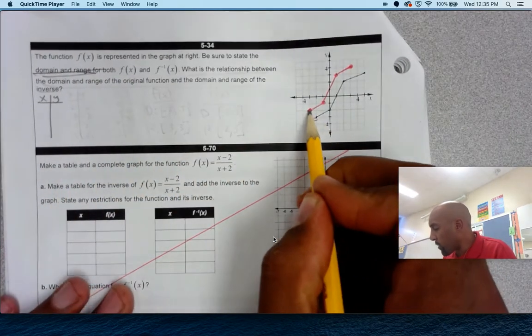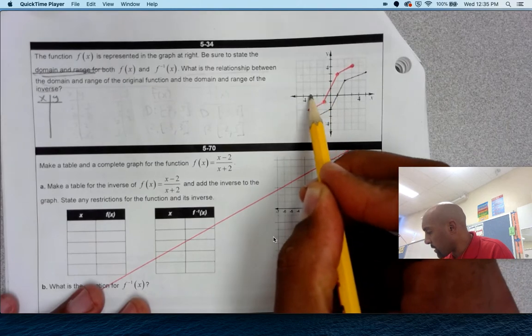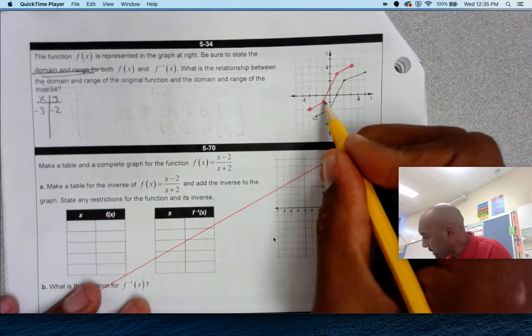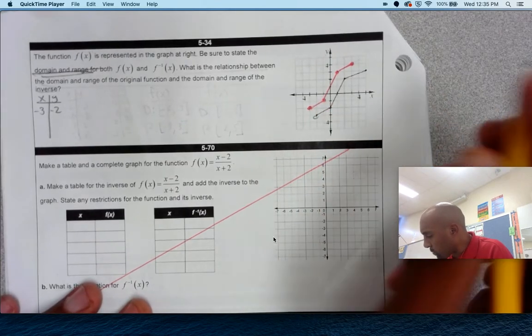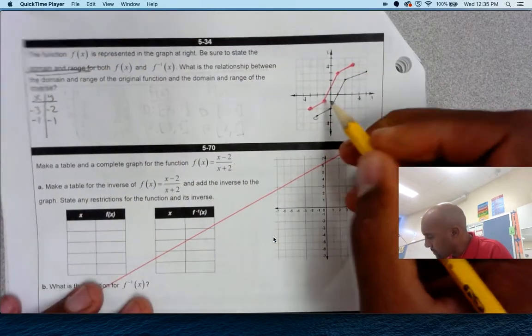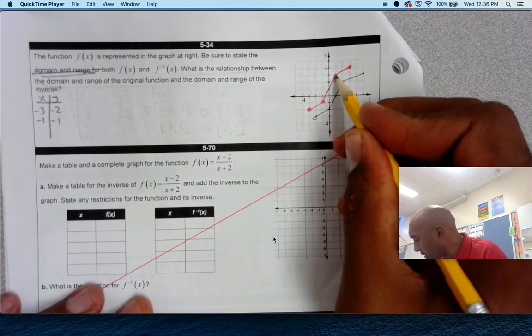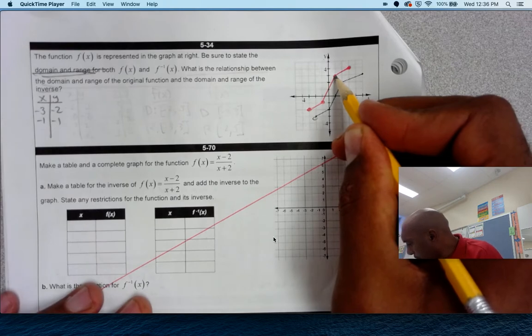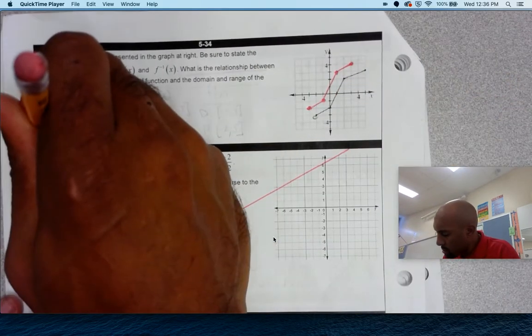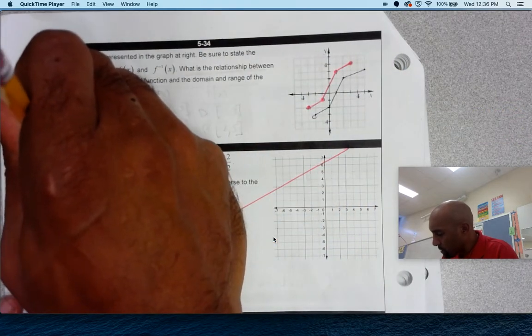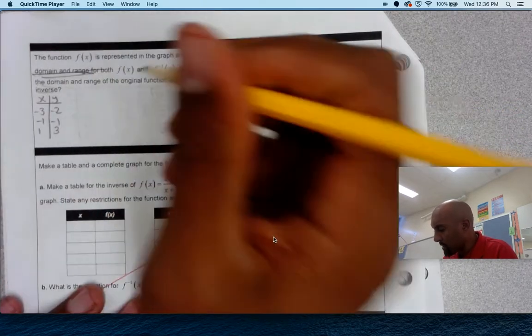All right, so that first point right there is (-3, -2). And that next point right here for me is (-1, -1). Remember, use your function, not mine. Next point right here is going to be (1, 3). Sorry, not -3, +3.